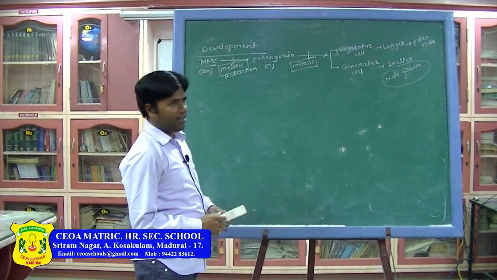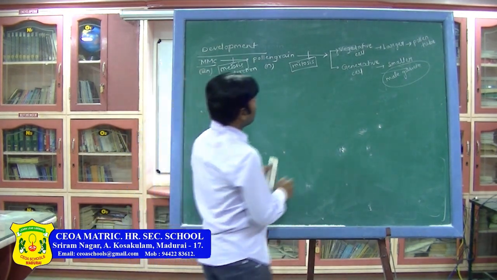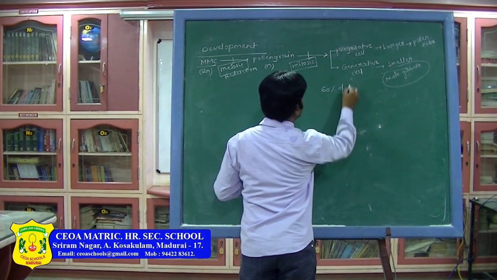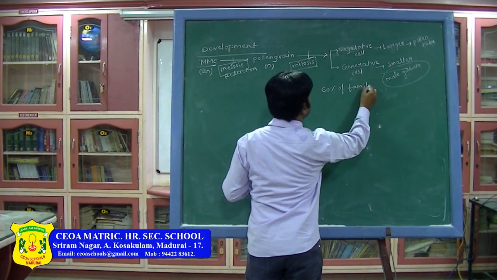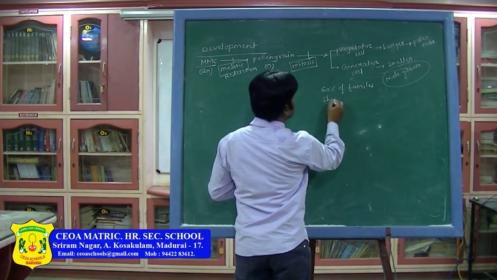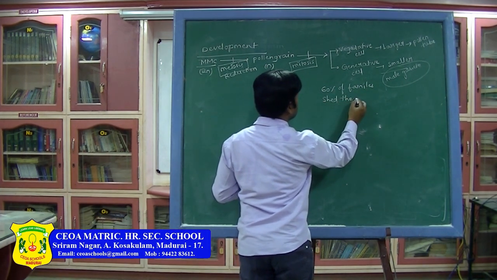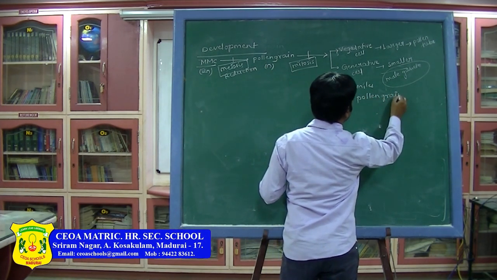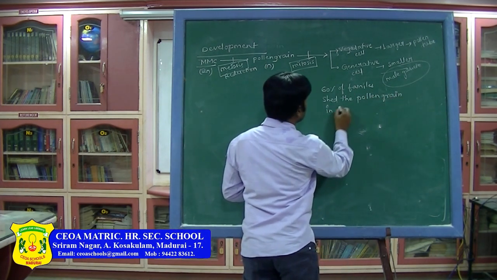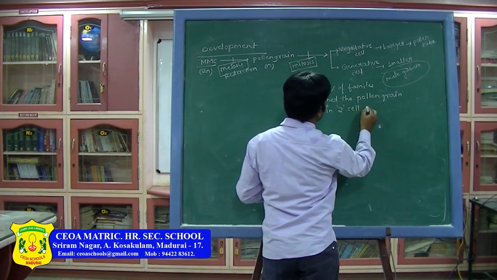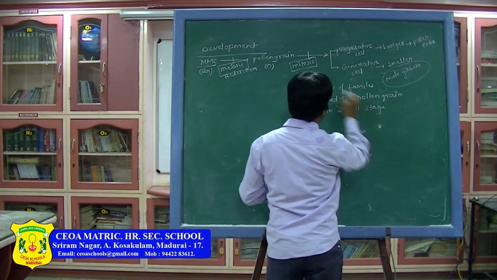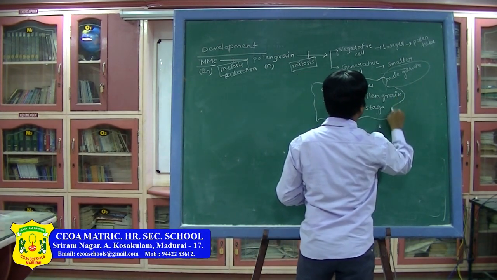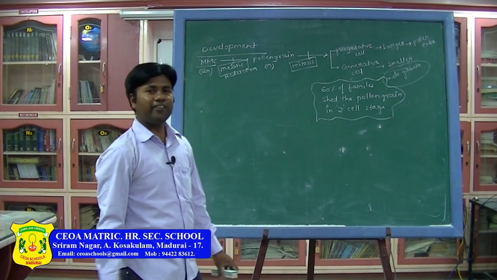And one more important thing is, this is a 2-celled stage. 60% of families shed the pollen grain in the 2-cell stage only. This is very important. 60% of the family members are shedding the pollen grain at 2 cells. Sir, where are the 2 cells?